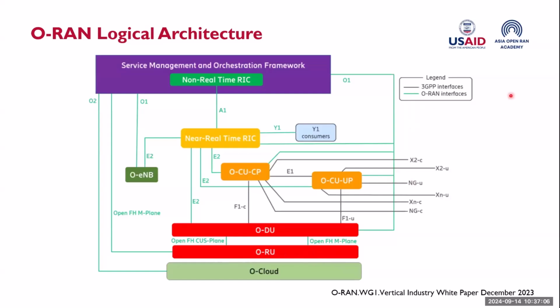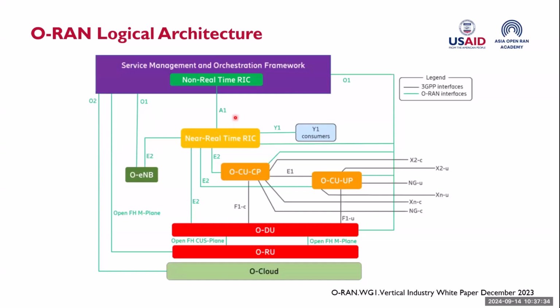Okay, so there's a lot of interfaces now that you will memorize. And if you will see, these are a combination of 3GPP interfaces and the O-RAN interfaces. So itong mga gandong kulay, these are the O-RAN interfaces. So these are the interfaces that are defined, okay, and managed by the O-RAN Alliance in terms of specifications. Okay, so these are the interfaces.